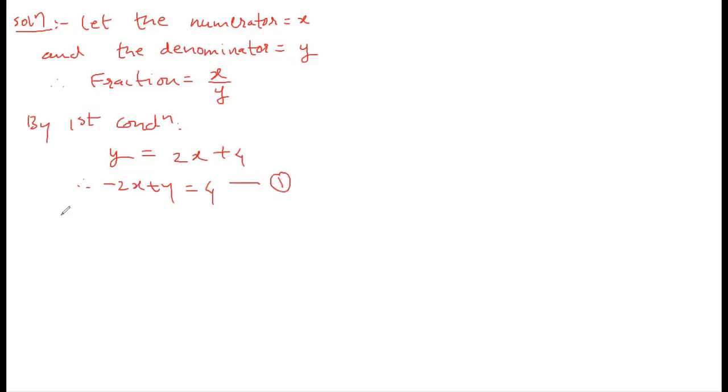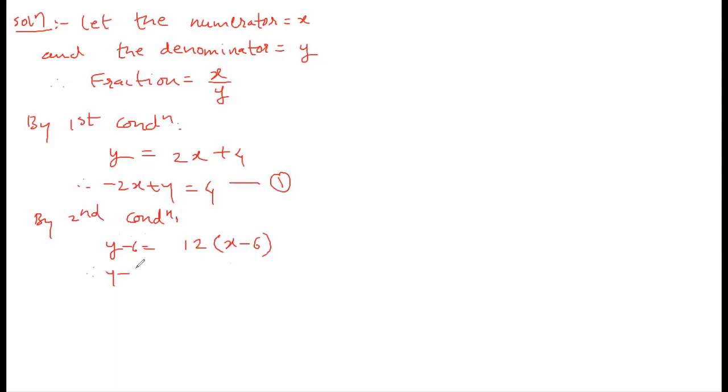Now let's work on the second condition. The second condition says the denominator becomes 12 times the numerator when 6 is subtracted from both numerator and denominator. So we are going to solve this equation.